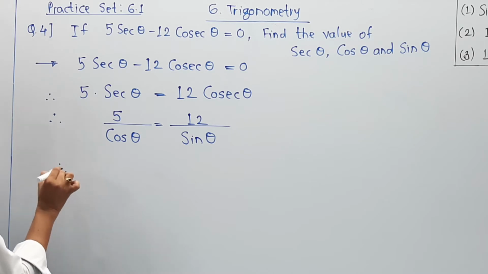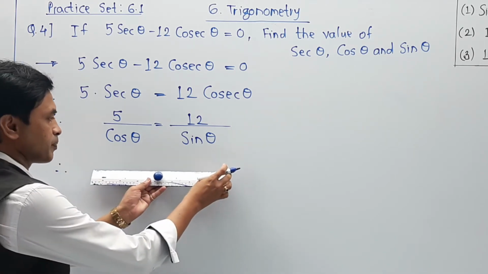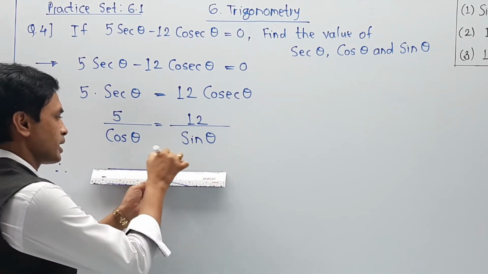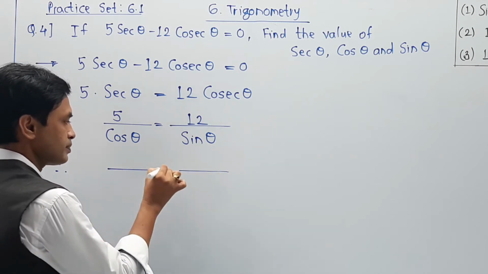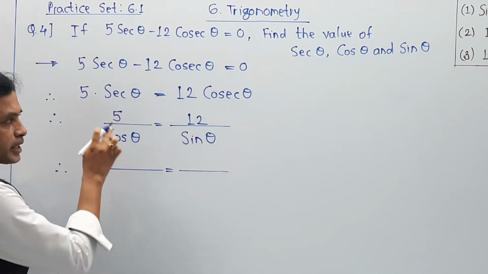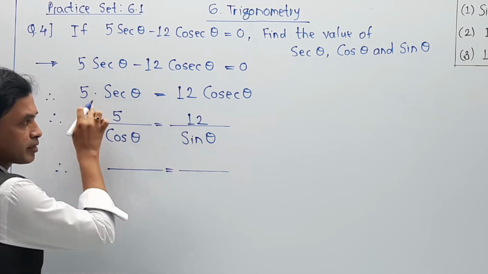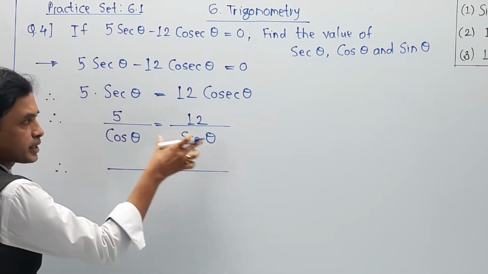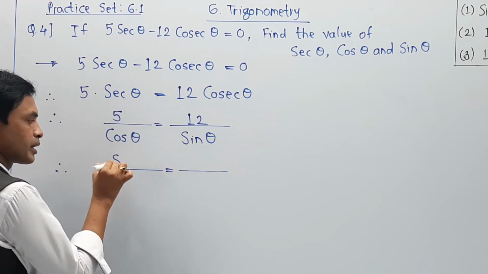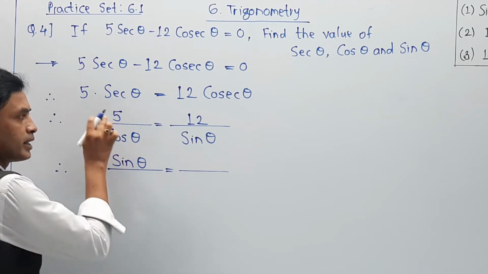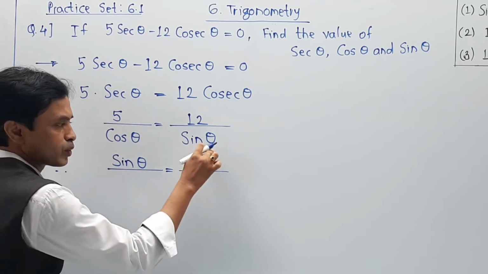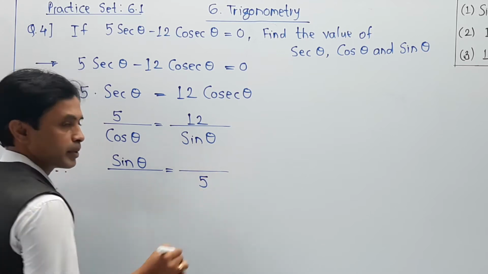Next I am going to make a rearrangement, and this step is again important for your understanding. I am interchanging 5 with sin theta and sin theta with 5. So this sin theta comes to this side and becomes the numerator, and this 5, which is multiplied over here, goes to that side as divided by.